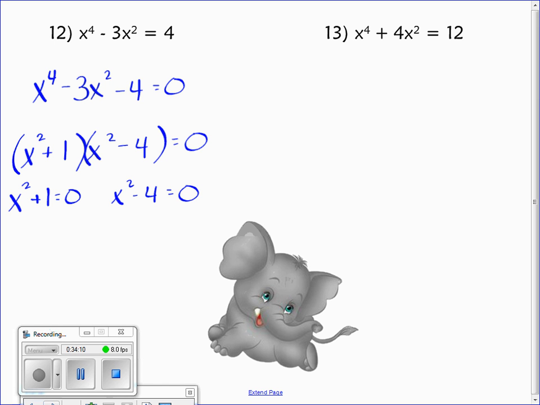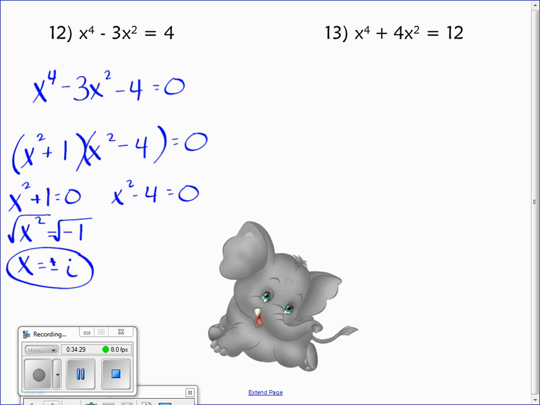So when we go to solve, subtract 1. So x squared equals negative 1. Take the square root. What's a square root of negative 1? i. Plus or minus i or 1i, Michaela?